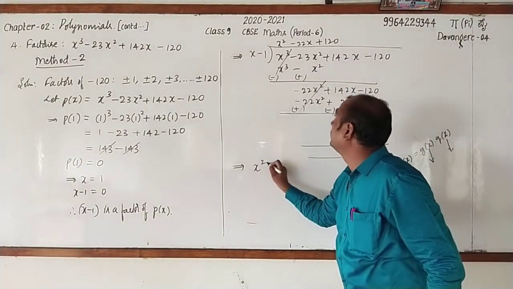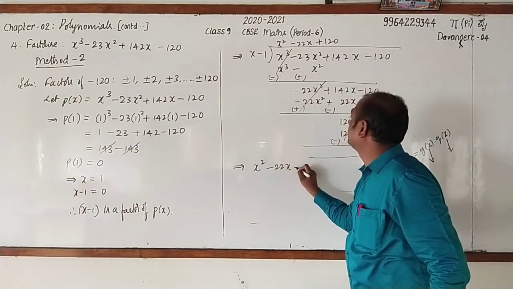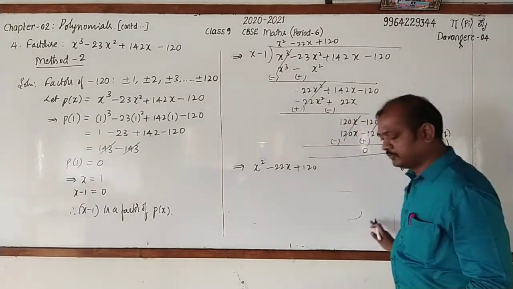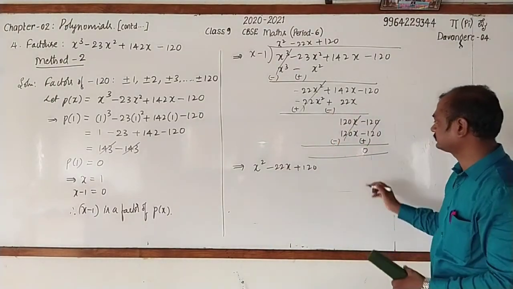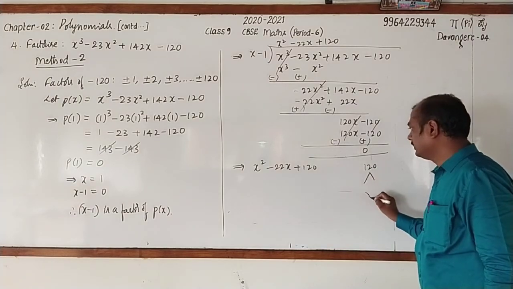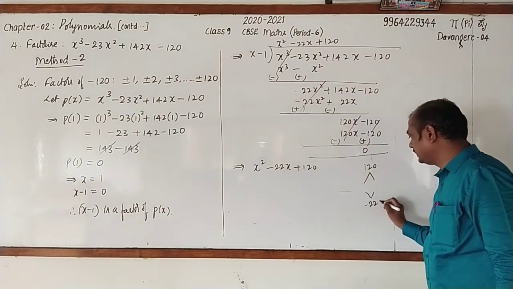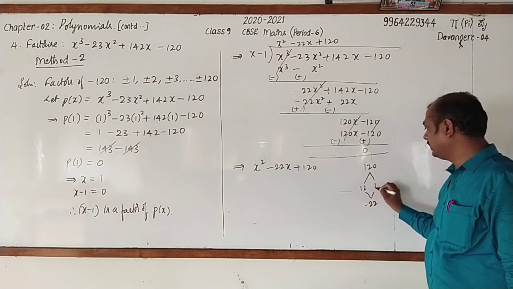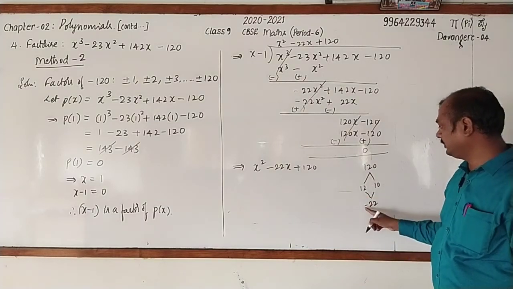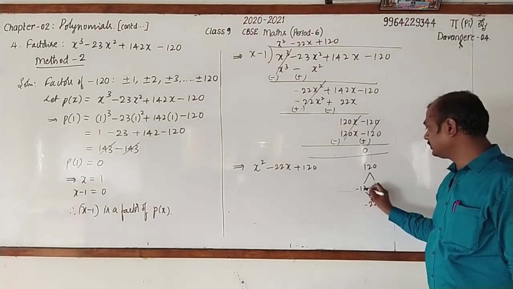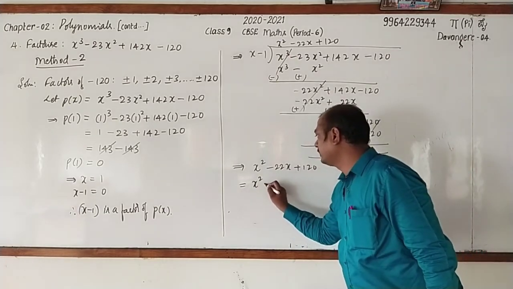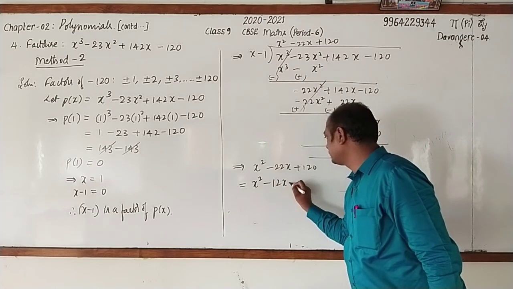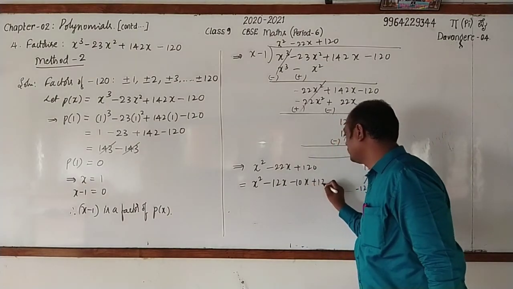X square minus 22x plus 120. We have already factorized this. The same method has to be followed. 120, middle term is minus 22. You can write 12 tens are 120, but we want minus 22. Hence minus 12 minus 10. This is equal to x square minus 12x minus 10x plus 120.